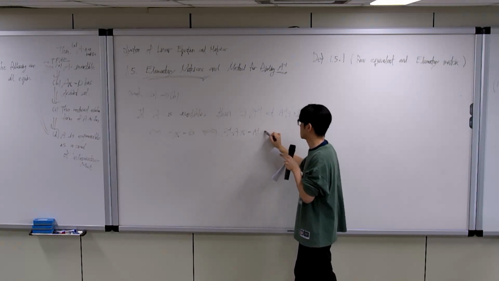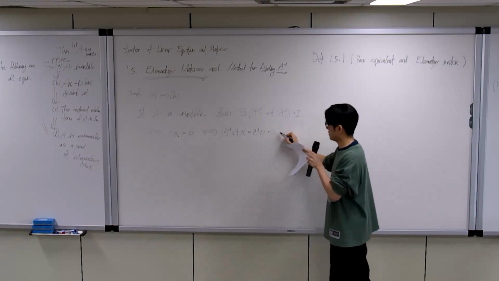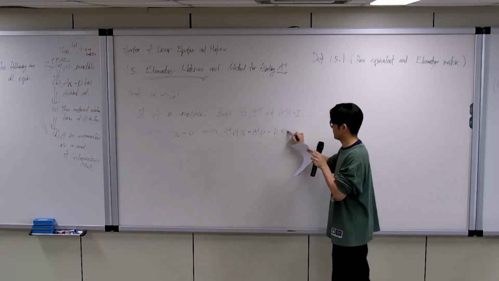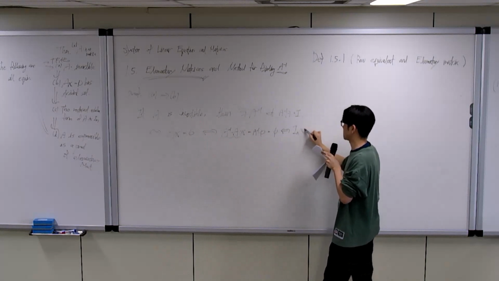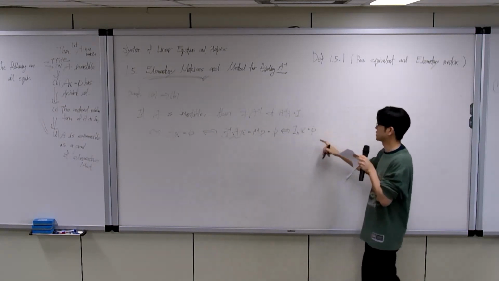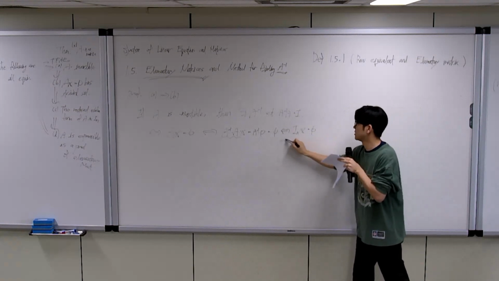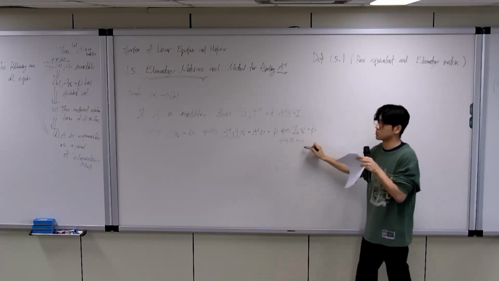A inverse A x equals A inverse 0, we get identity x equals 0, so it gives that the solution is only 0.